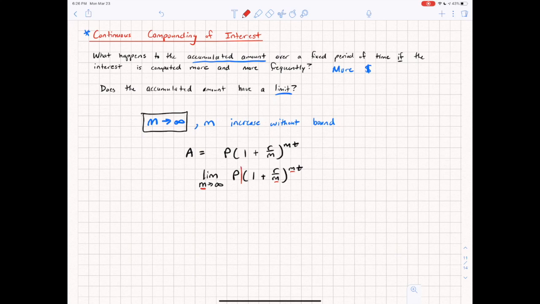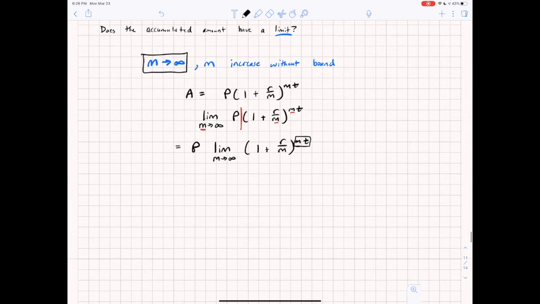Because this is multiplication, P is just a number, just a scalar, so I can bring the P outside of this limit and focus on the parentheses with the mt. Not only that, I can also use properties of powers and break this up further by focusing on just this limit and then raising it to the t.